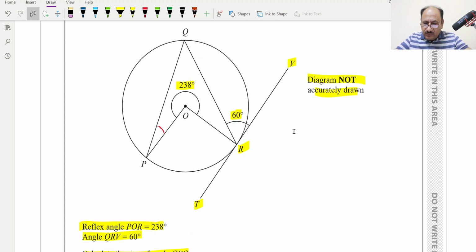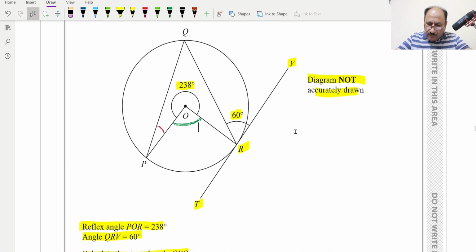So first of all, I will change the color. This angle is 360 minus 238.